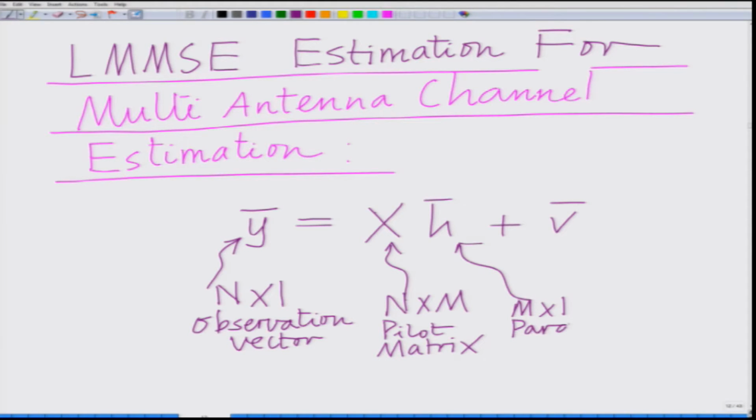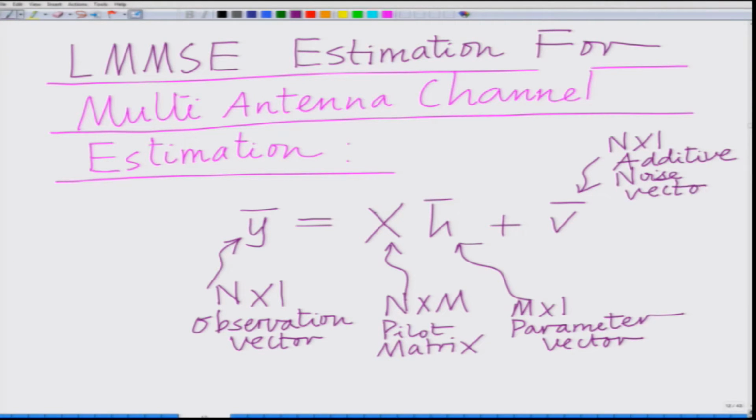Previously we had a scalar parameter, now you have an M cross 1 parameter vector, and v bar is the additive noise, the N cross 1 additive noise vector. This is the same as before.